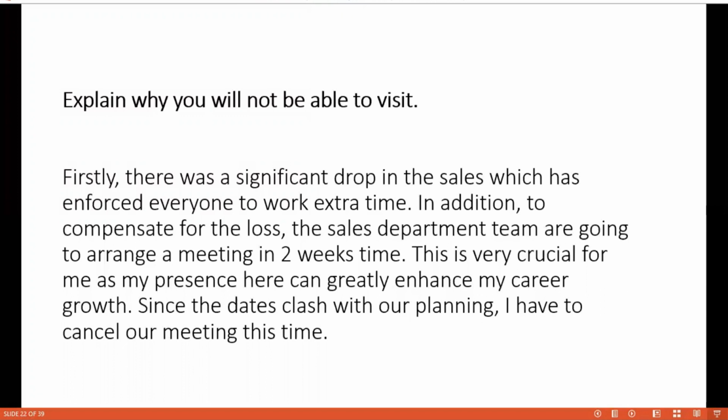"In addition, to compensate for the loss, the sales department is going to arrange a meeting. This is very crucial for me as my presence here can greatly enhance my career." Instead, you could have said, "Will be good for my career." Try to maintain the tone. "Since the dates clash with our planning, I have to cancel this meeting." A few bits are totally fine, but most of the words used are completely formal.